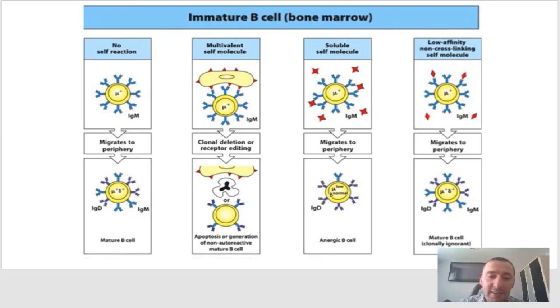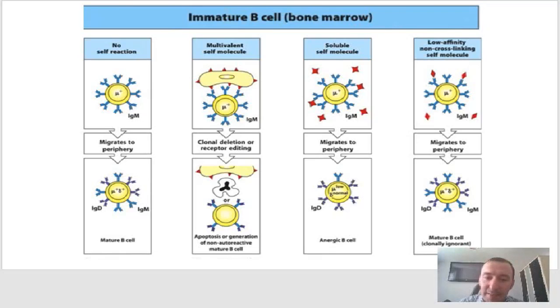Okay, so that's a scenario where the B cell receptors have the ability to bind to multiple targets on one antigen or one pathogen. The next scenario is where the B cell receptor binds to soluble antigen. Okay, it binds to very simple antigen.